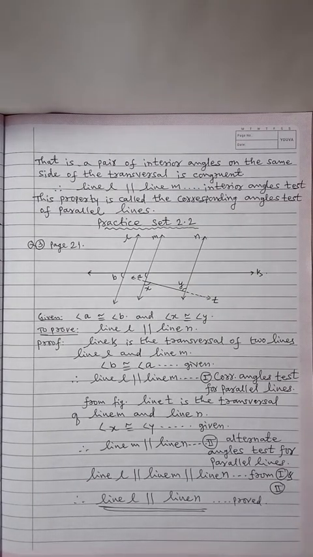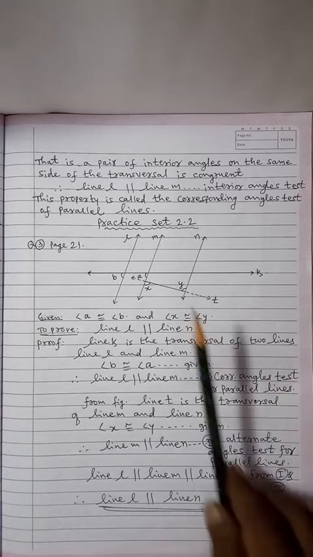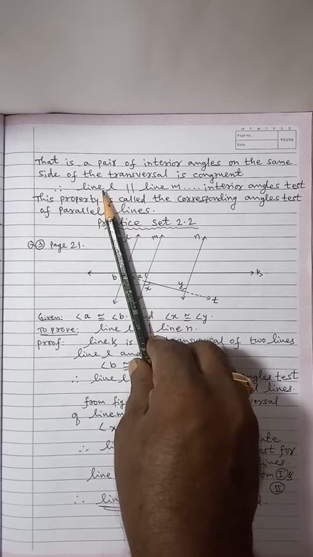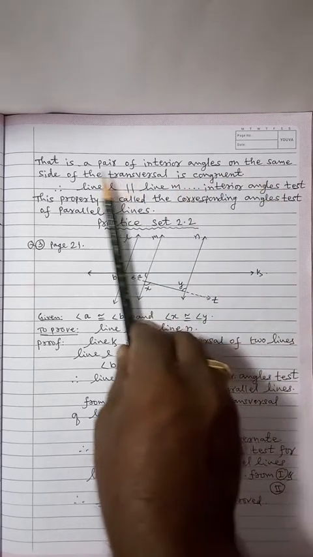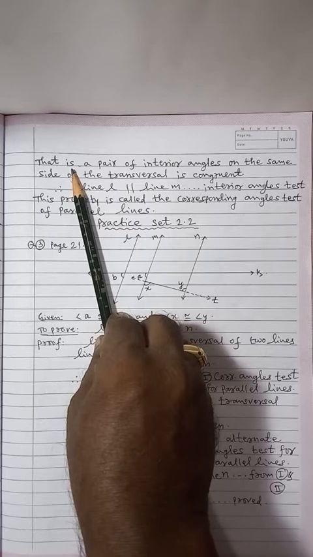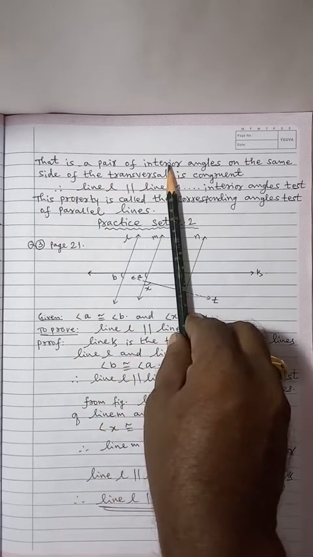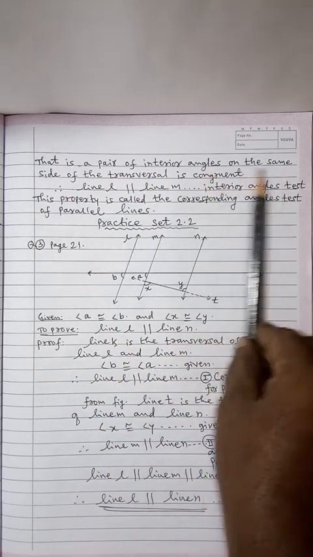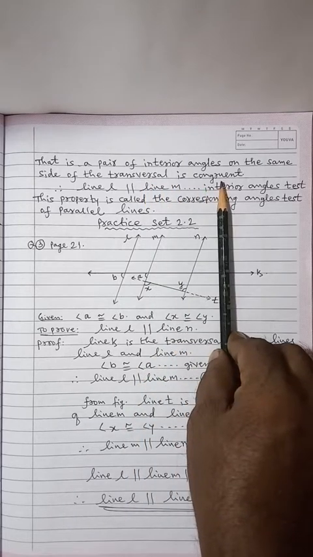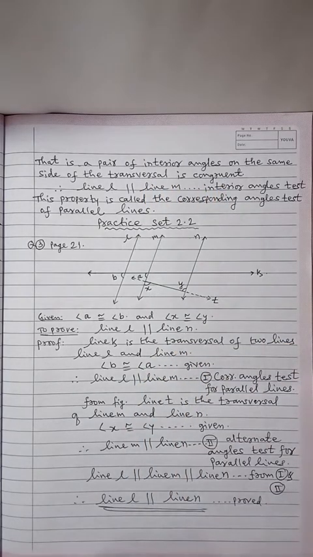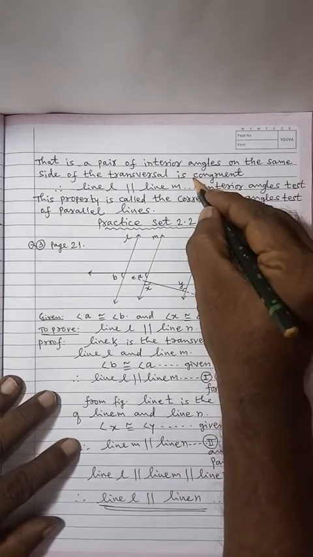What we have seen, angle B plus angle C is equal to 180 degrees, and those are the interior angles on the same side of the transversal. So here, a pair of interior angles on the same side of the transversal is supplementary.